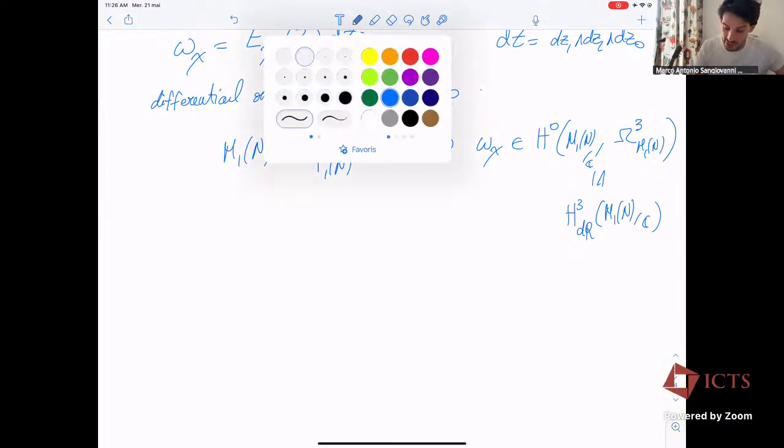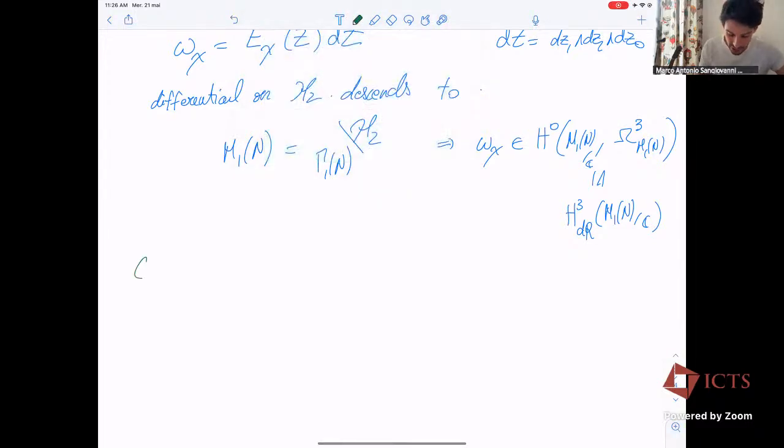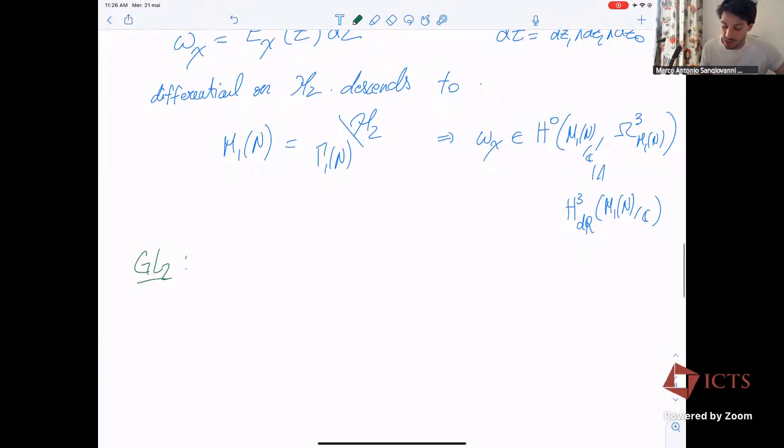Okay, and so let me just state what the parallel for GL2 is from Chris's talk.